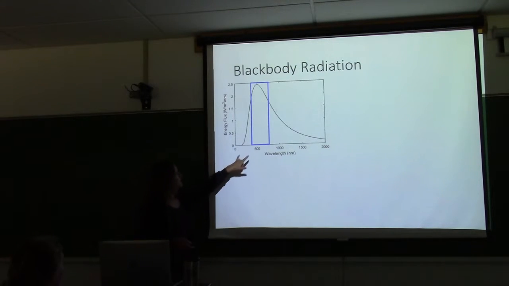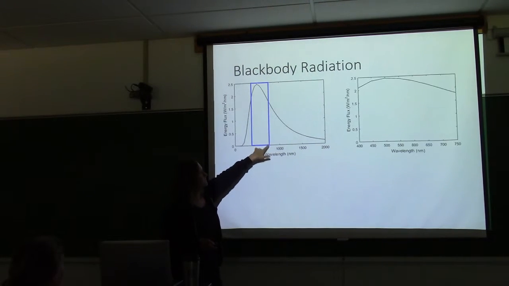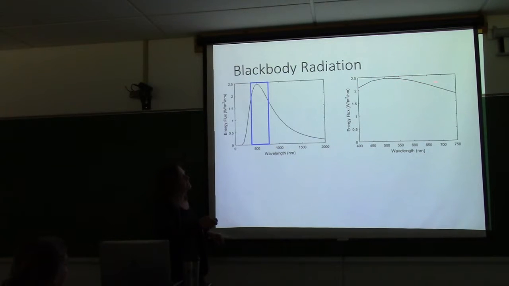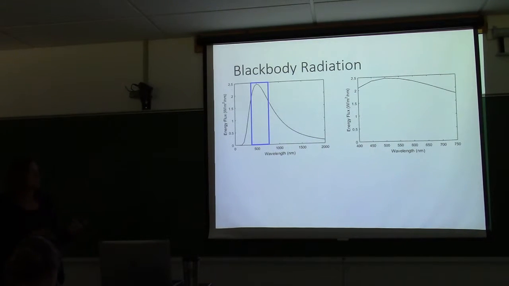If we just blow up the visible part of the spectrum here, we get a spectrum that looks something like this. This is the energy flux as a function of wavelength. And of course, what you see is that Planck's equation predicts that the sun is white, right? Mostly equal amounts of energy at each wavelength.